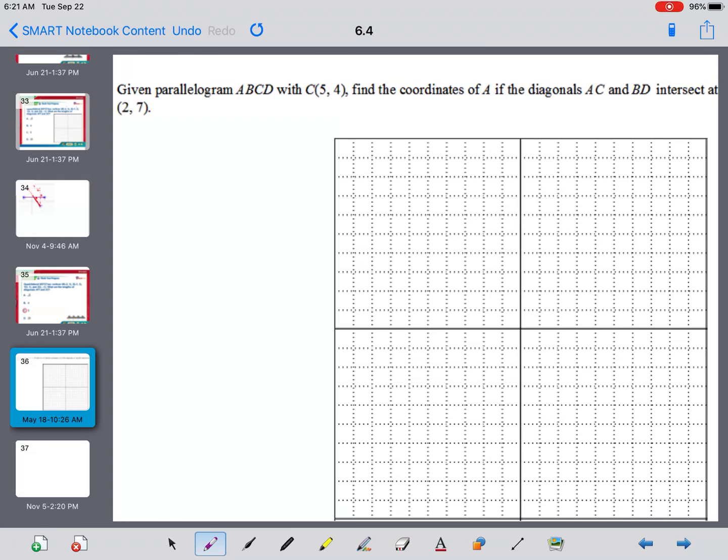This is our last problem. Given parallelogram ABCD with C at 5, 4. Let me mark that. Find the coordinates of A if the diagonals AC and BD intersect at 2, 7. So 2, 7.